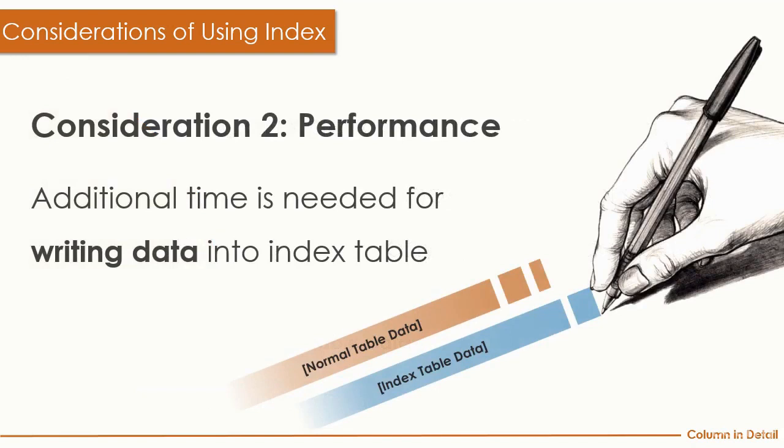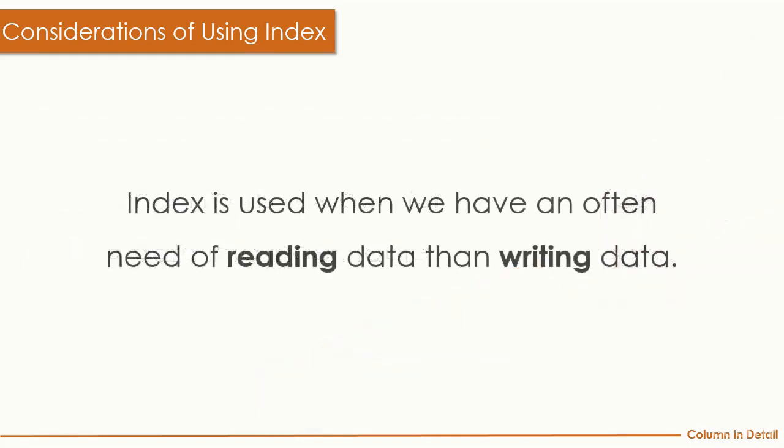The second consideration is the performance. If you write the data into the table, it doesn't just write to the table you define, it also needs to update or insert the data in the index table in order to make sure that when you search the data, it gets the accurate result. So when you pick which columns to be the index, you need to think about, is this database read more than write?